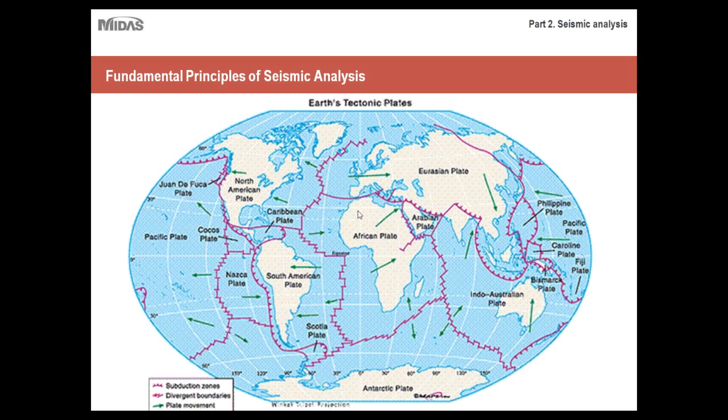The African continent, the North American continent, the South American plates, millions of years ago, were all one large continent. But over time, as these plates drifted away from each other, these separate continents were created. So plate tectonics is related directly to continental drift.